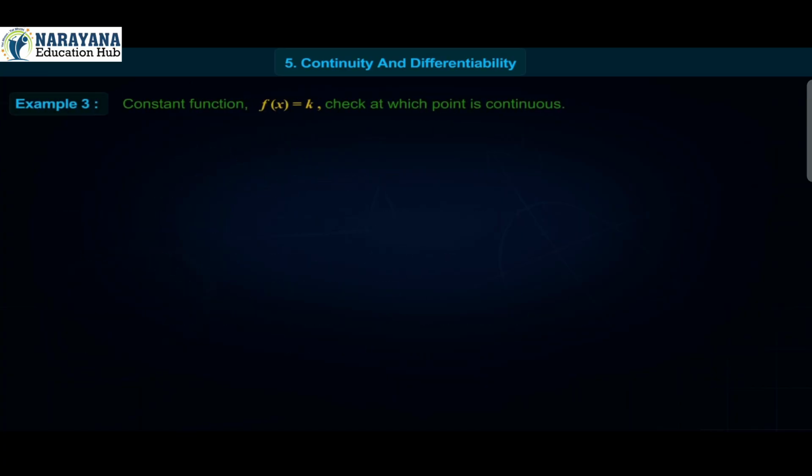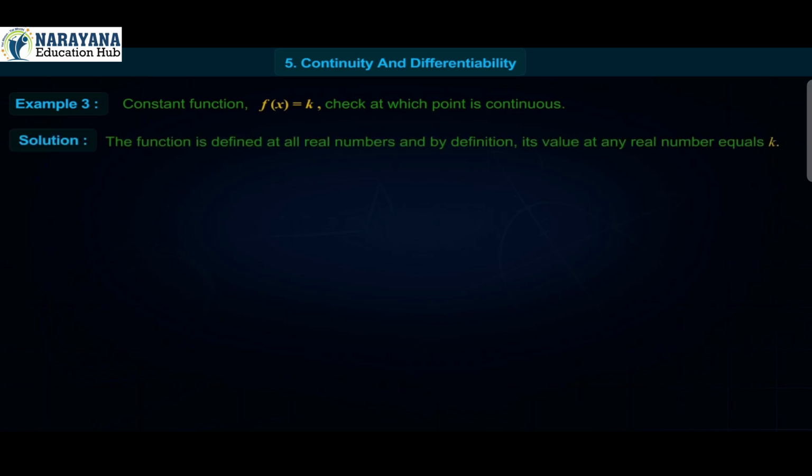Example 3. Constant function f of x is equal to k. Check at which point it is continuous. Solution: the function is defined at all real numbers and by definition its value at any real number equals k. Let c be any real number.